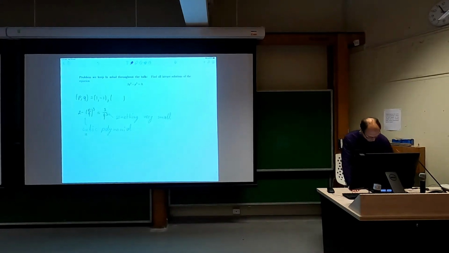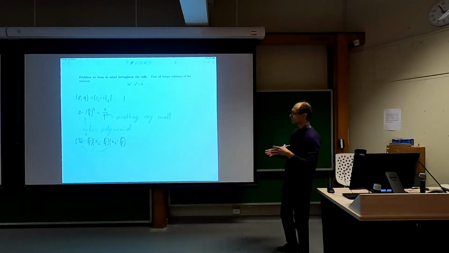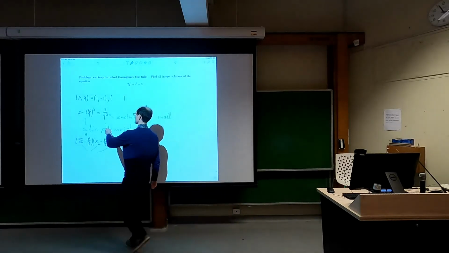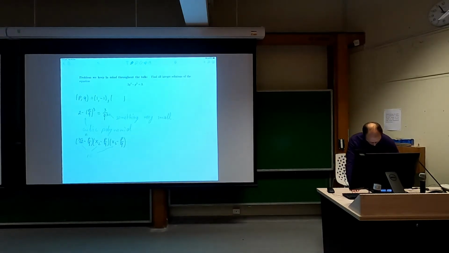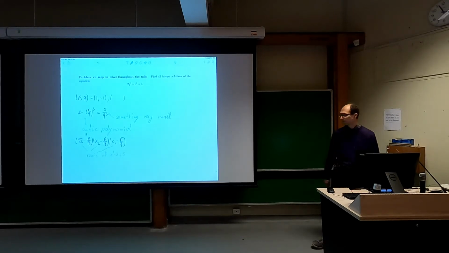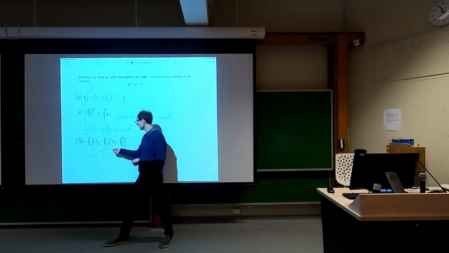You can write it as cubic root of 2 minus p over q times x2 minus p over q times x3 minus p over q, where this cubic root of 2 and x2 and x3 are all roots of this cubic polynomial, all roots of x cubed minus 2 equals 0. Well, this one is an obvious root, right? Cubic root of 2. But there are other two.